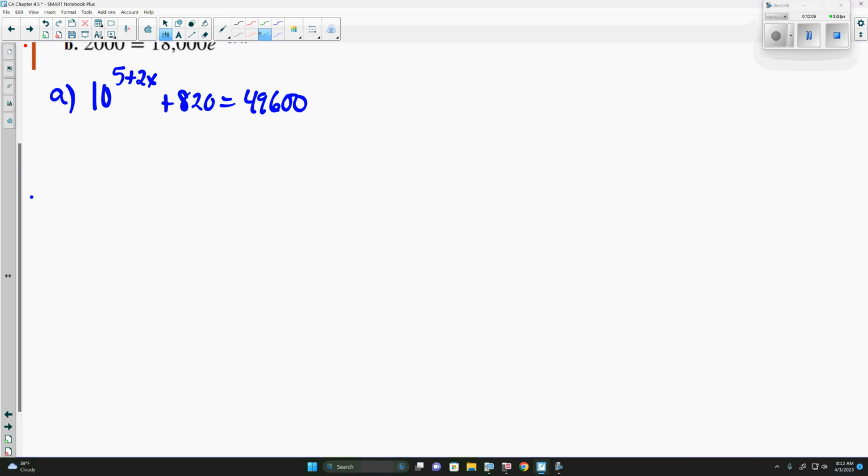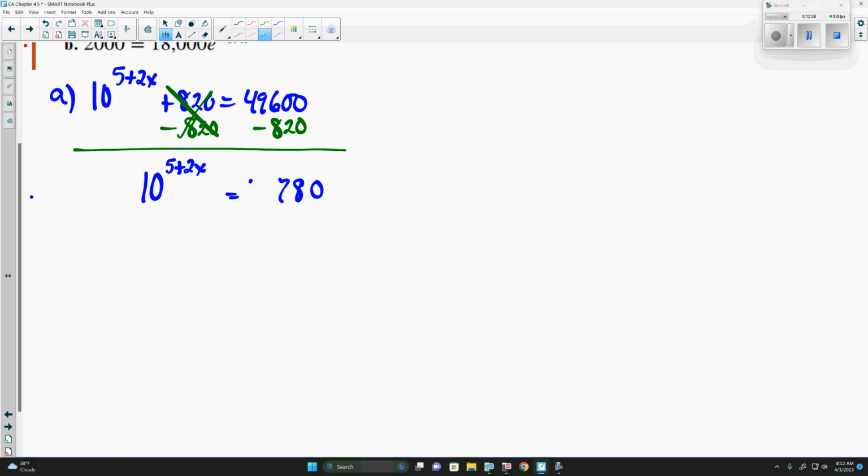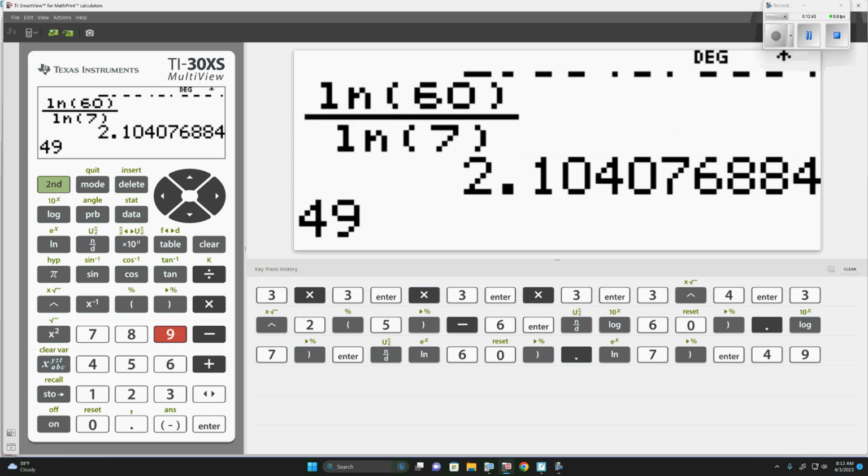We want to isolate the exponential by itself, the number that has a variable in the exponent. Well, the first thing we can do is subtract 820 from both sides, because that will give us 10 to the 5 plus 2x is equal to 49,600 minus, what was that, 820?